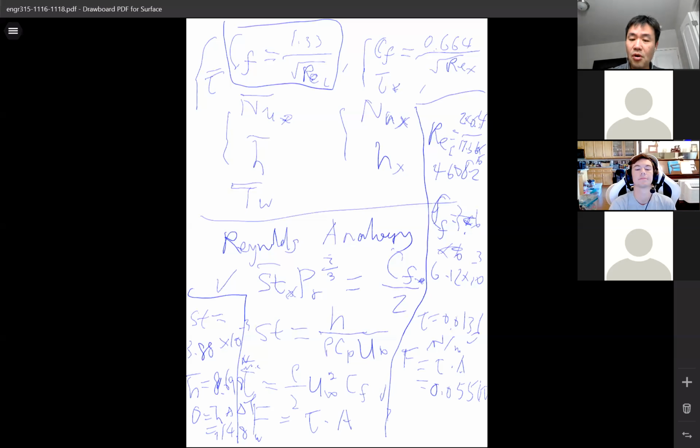You have to be really familiar with this set of equations. That's why in heat transfer class I emphasized many times that you probably need to memorize all those equations. It's not much. It's not a derivation or theory of how to derive those equations. You have those equations and you have to use them. If you can memorize some of them, for example shear stress, half rho u square CF, memorize it.